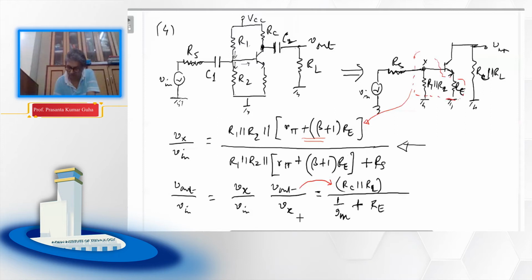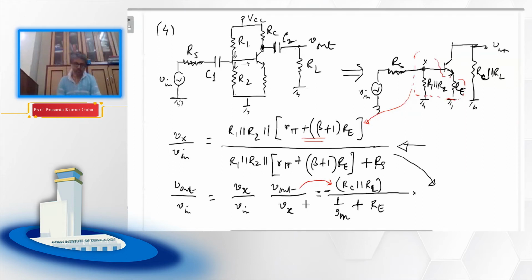That is straightforward from the concept we developed yesterday, the day before and in earlier classes. So this is the equation if you consider V out by Vx, and of course there will be a negative sign. Now what about the first term? It is written here. Please write it in your notes.